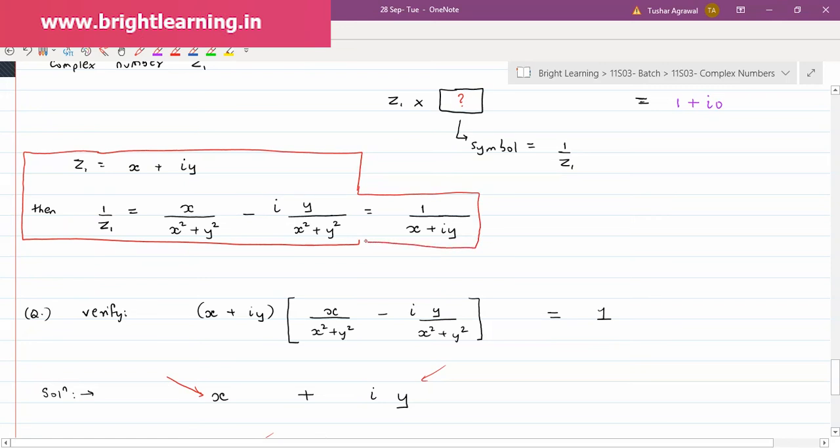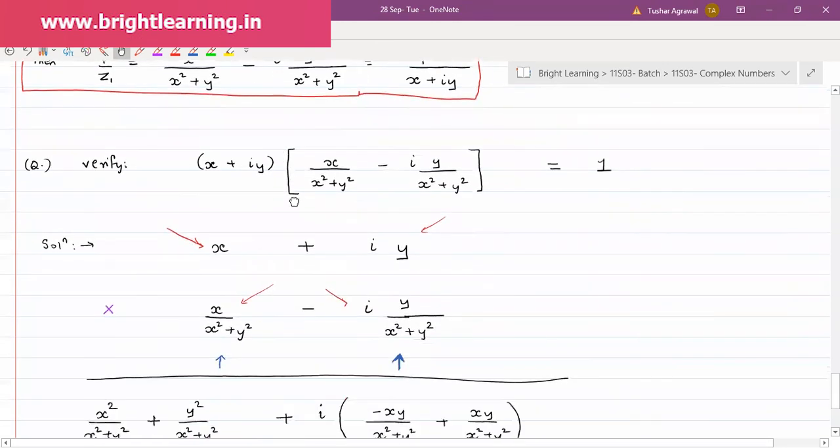In fact, to say 1 upon z is also partially incorrect. One horizontal line z1, or in daily language we can call it 1 upon z1. Because up till now we do not know what upon means. Up till now upon means division, and we have not defined division. So rather than memorizing this, is there a trick to understand it?